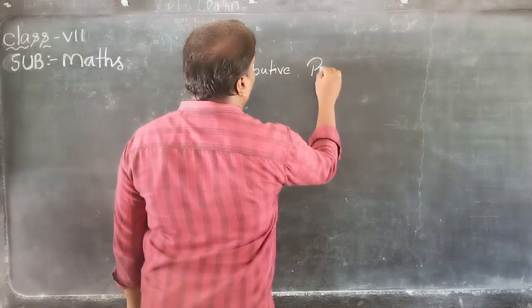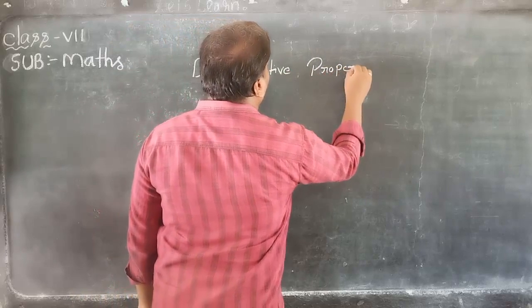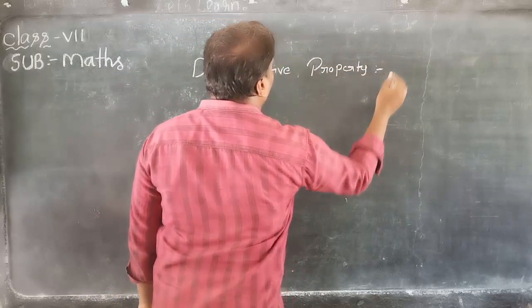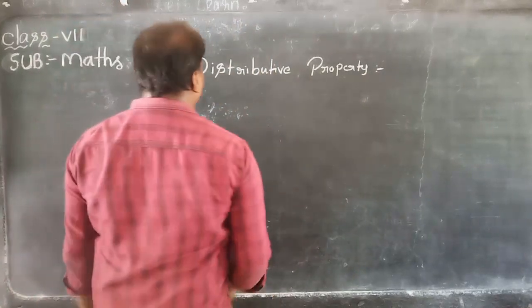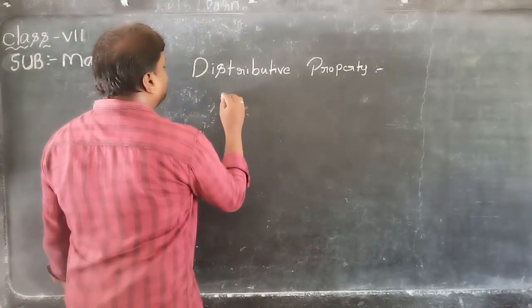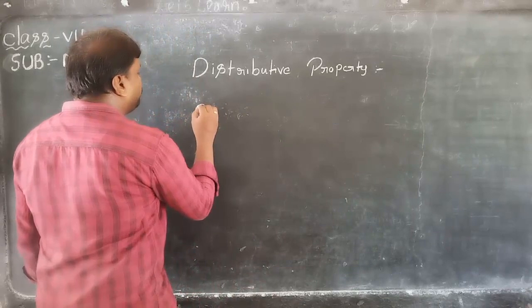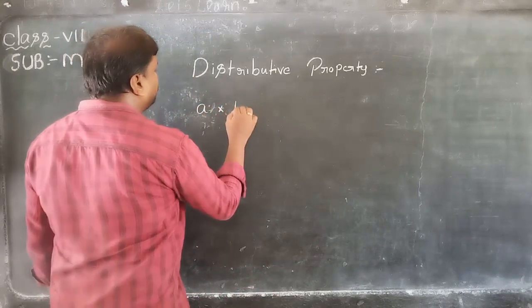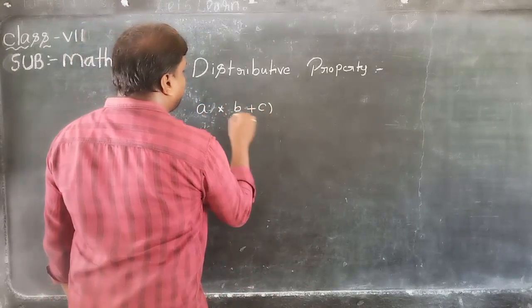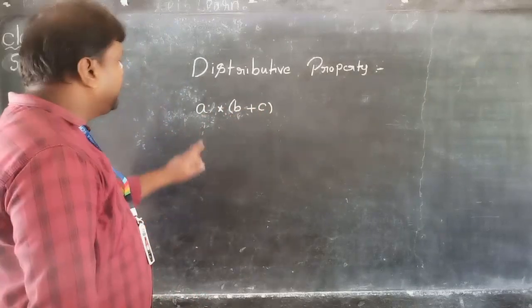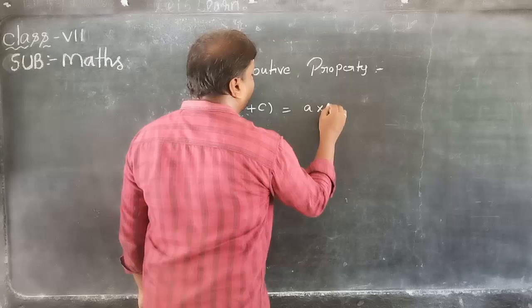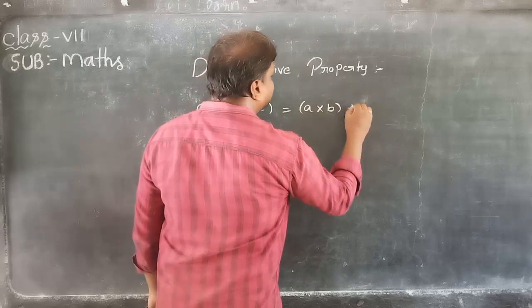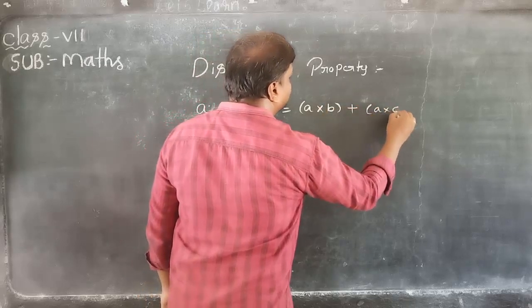For example, a into b plus c, I am taking three integers. a into b plus c is equal to a into b plus a into c.